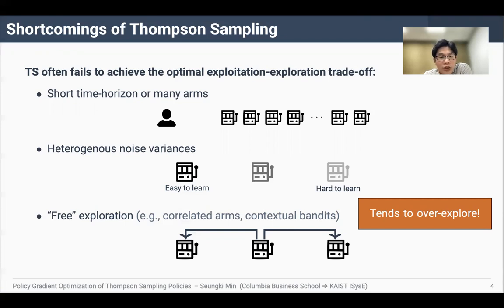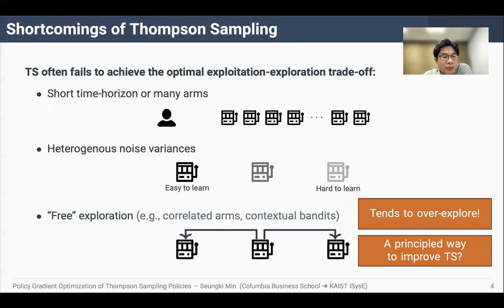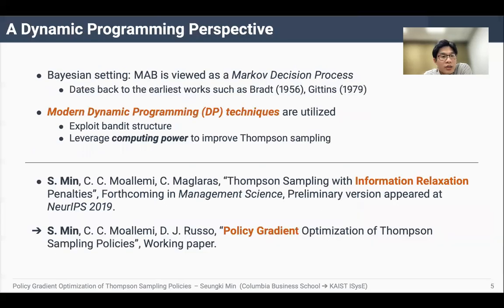But we are more interested in developing some general framework that can improve Thompson sampling in some principled ways. And the basic approach we are taking is to take the dynamic programming perspective. So in the Bayesian setting, this multi-armed bandit problem can be viewed as an MDP problem.